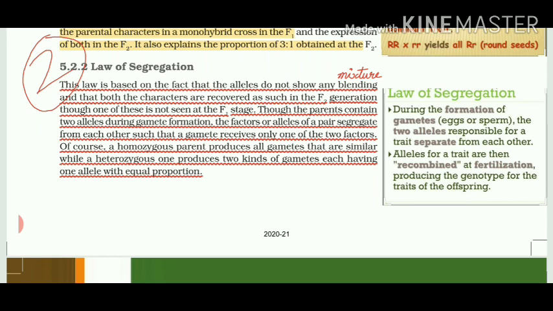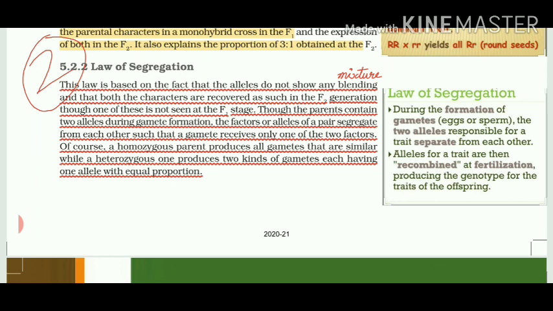Parents contain 2 alleles, but during gamete formation they separate out and the next generation will receive any one of the factors. Homozygous parents will produce similar gametes. Like if I say capital T, which kind of gametes will be produced? Only capital T. How can they vary from each other? If there is a small t parent, then again the gametes are the same.